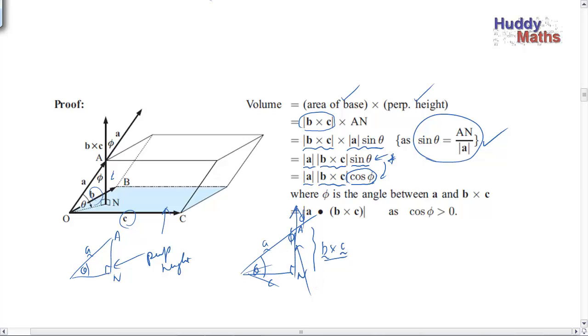Now, these two are complementary here. These two add up to 90 in a triangle, and remember the sine of theta equals the cos of 90 minus theta, and that's phi here, because phi, the angle between the two vectors, is that one in there, which is the other angle in the triangle. So now, why have we done that? Why have we changed the theta to phi? Well, let's just scrub this a little bit out here, because now what have we got? We've got the length of a vector by the length of another vector, the cross product, by the cos of the angle.